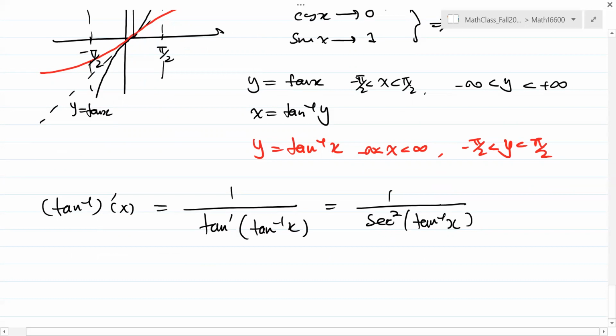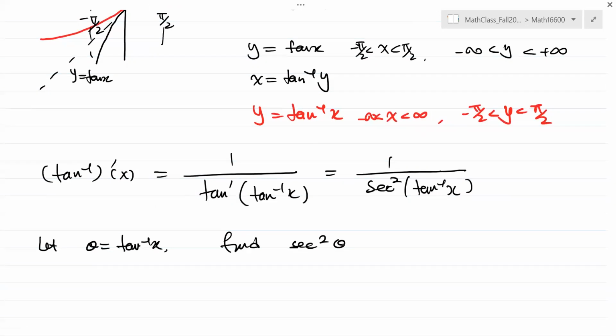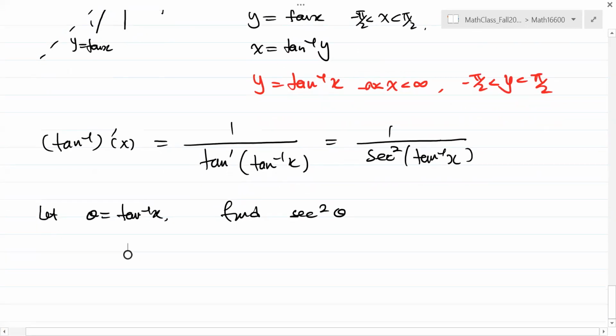So how do I do that? You let theta be this, right? And you want to find out secant squared theta. Then you're done. This is a good exercise. So theta is going to be arctangent x.